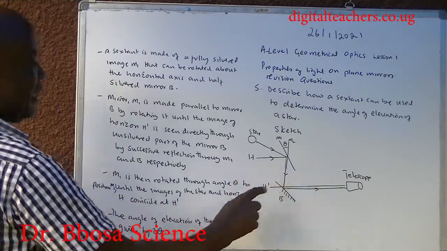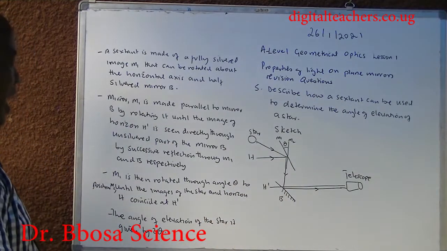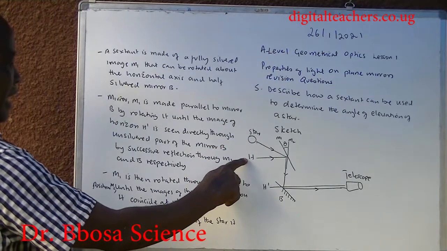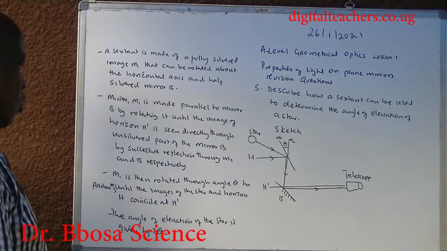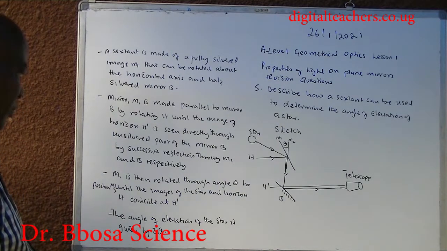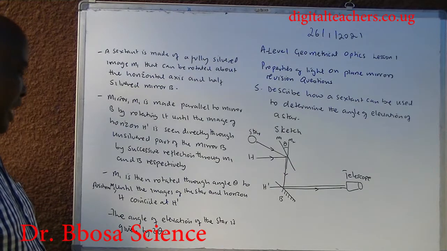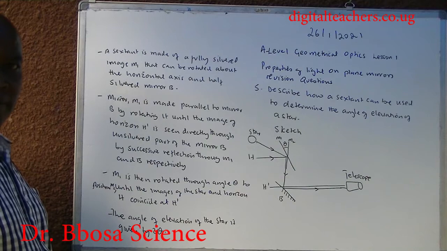Mirror M1 is then rotated to position M2 until the image of the star and the horizon coincide at H1. The angle of elevation of the star is given by 2 theta.